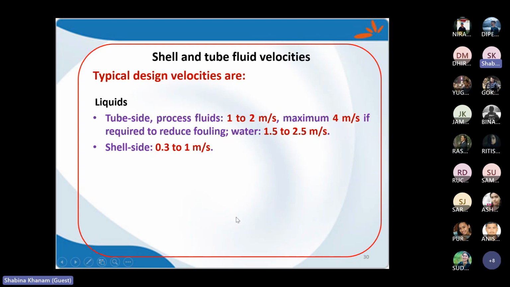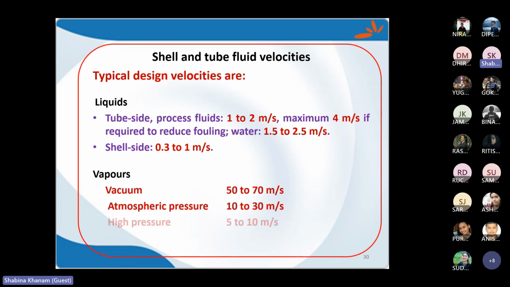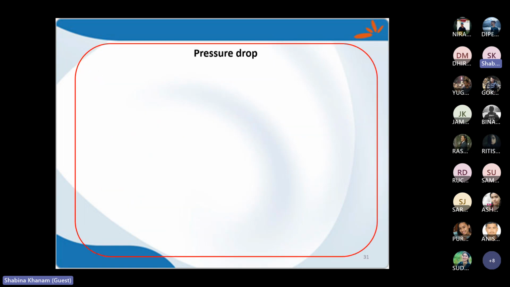Similarly for shell side, it is 0.3 to 1 meter per second. In case of vapor, if we are dealing with vacuum, it is 50 to 70 meter per second; atmospheric pressure 10 to 30 meter per second, and high pressure 5 to 10 meter per second. So in that way certain velocity ranges are there which you will use in design.